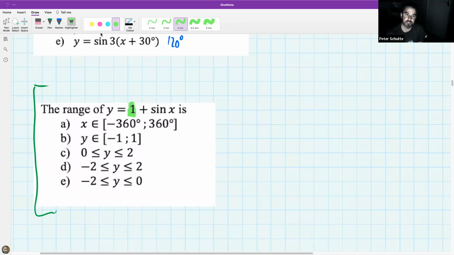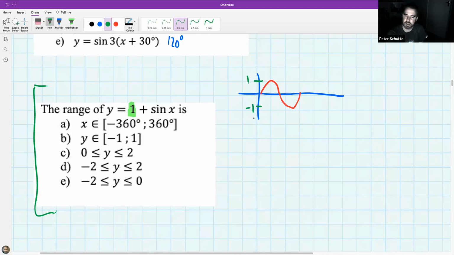Be careful with this question, because if you are a normal sine graph, let's have a look. How do you behave if you're a normal sine graph? You go up, down, down, up. And you are between 1 and -1. If you are a special sine graph and you get moved up by 1, you are then going to start here and go up by 1.